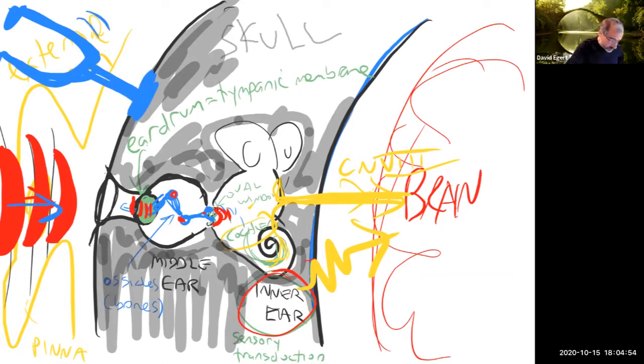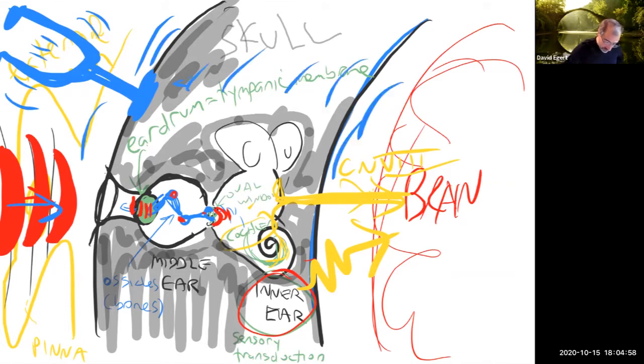And this tuning fork is vibrating, which then vibrates the entire skull, which is then going to wiggle the inner ear and you'll hear something. So you can feed the vibration directly into the inner ear through the skull. This is called bone conduction.